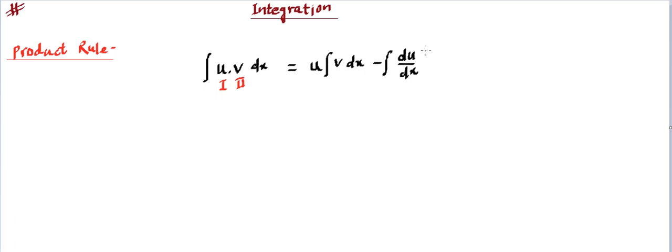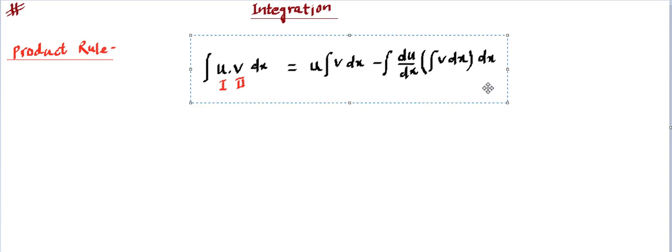Then we multiply this with another integration, which is the integration of the second function. And this entire thing has to be integrated with respect to the variable that we started with. So this bigger formula is for the product of two functions when we use them in integration.